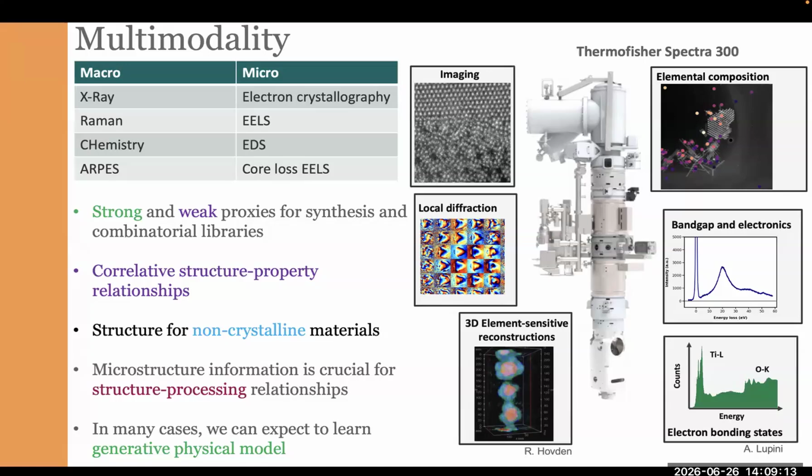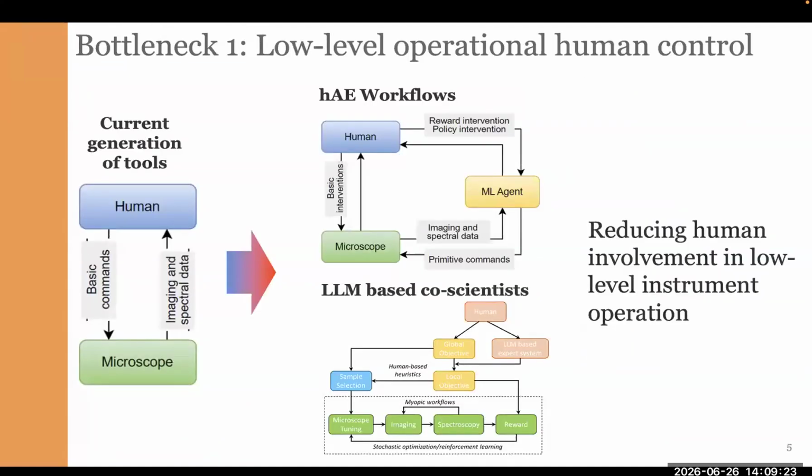However, there are multiple problems, or maybe multiple challenges, that should be addressed before we reach this point. And the first one, which was one of the main topics of the school, is obviously what I called low-level operational human control. It actually means that we as humans control our microscope not fast enough, and the speed at which we can reconfigure the electron beam is much, much faster than the speed of our average reaction.